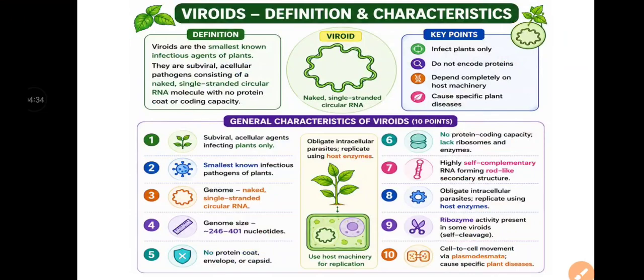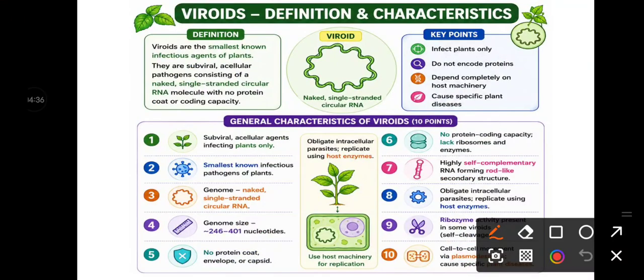Next, this is the structure of the viroid. This is a naked single-stranded circular covalently closed RNA molecule. These are the general characteristics of the viroid. If it is asked for 10 marks or 15 marks, you can mention all of this, or you can shorten it for 5 marks.